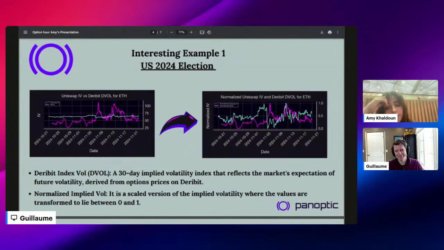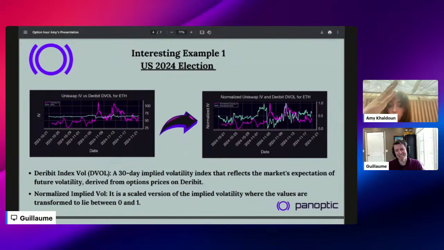Also, it is safe to say that Deribit attracts professional market makers, as Guillaume mentioned, who use sophisticated models, and these market makers actively do their best to maintain tight spreads and efficient prices, whereas Uniswap lacks this professional market making element because of its automated market maker.